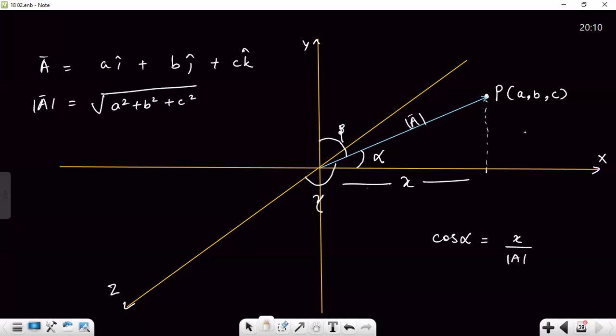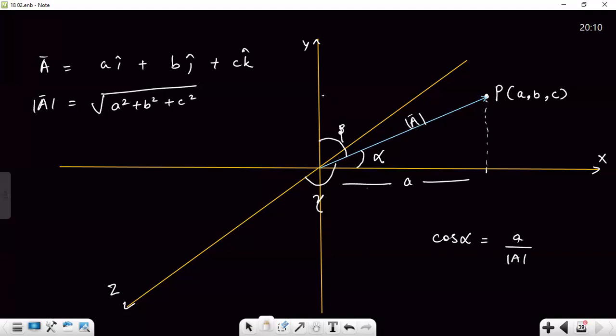Oh, sorry, this is not x, this is a distance. Because we are going to take the x coordinate, I mistakenly wrote x here. This is a here. So cosine of alpha will be this.